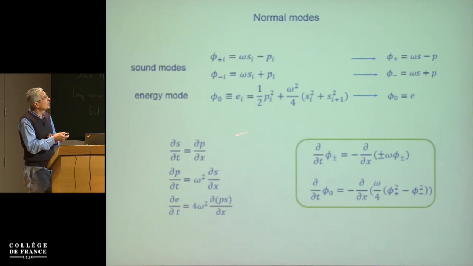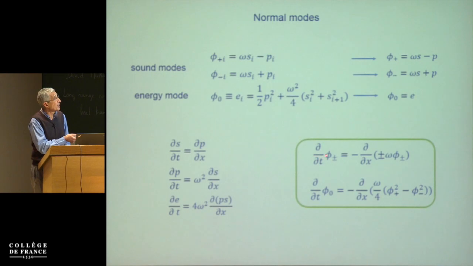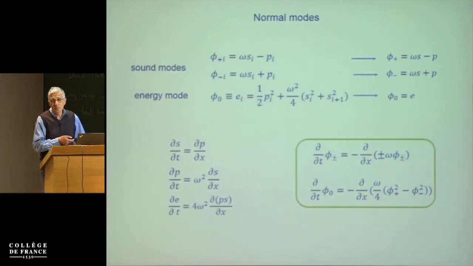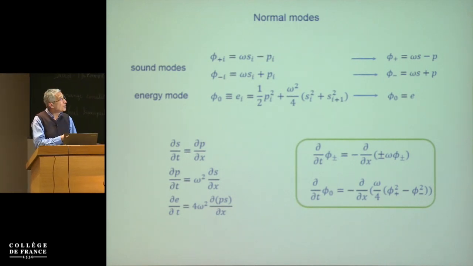And you can write down the hydrodynamic equations in terms of these normal modes, instead of S and P. In terms of the normal modes, d phi plus or minus over dt is just omega times the derivative of phi plus or minus. So basically, these are the two sound modes, which are propagating either to the right or to the left.